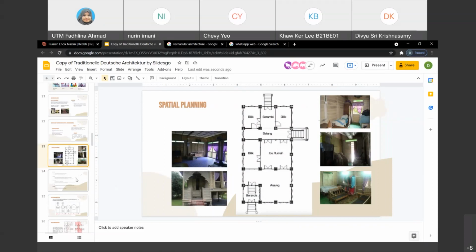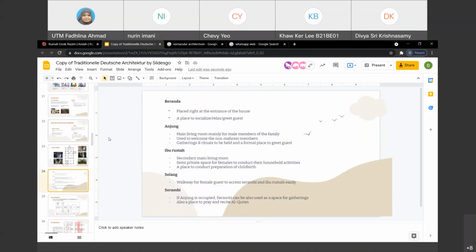Okay, so this is the spatial planning, and the explanation is on the next slide. The veranda is placed right at the entrance of the house, and it is a place to socialize, relax, and greet guests.